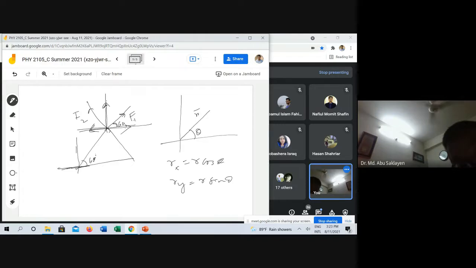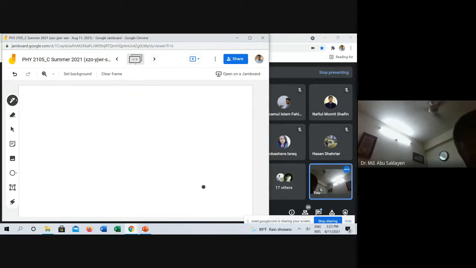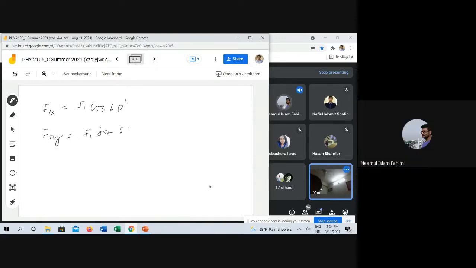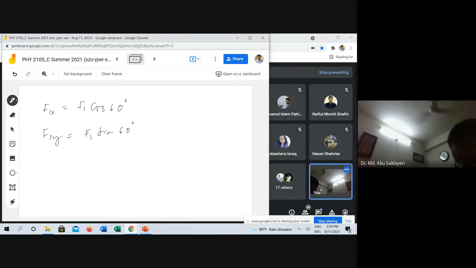So we have F1; the x component, F1x equal to F1 cos 60, and F1y equal to F1 sin 60. You can find the magnitude here.